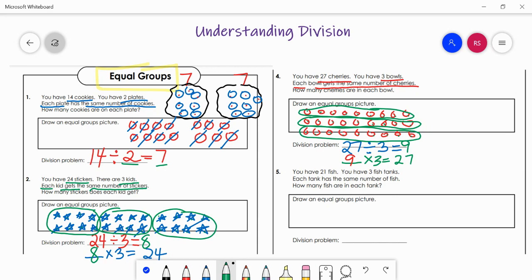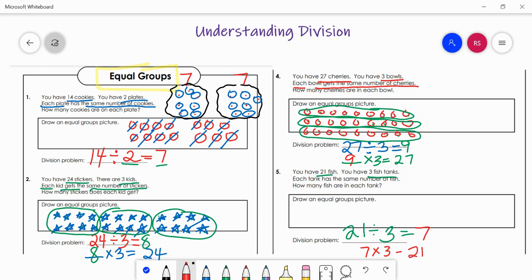You should have had for number 5, 21 fish divided by 3 fish tanks. So if you have 21 divided by 3, you go ahead and draw out your 21 fish. You put them in 3 equal groups. You should get a total of 7 inside of each group because 7 times 3 equals 21.